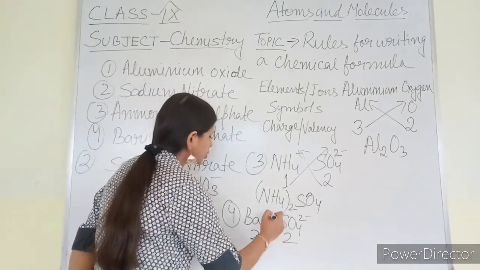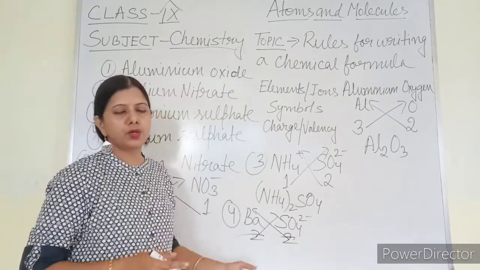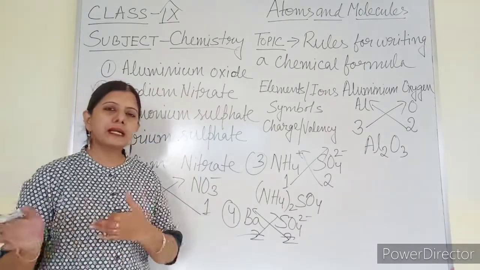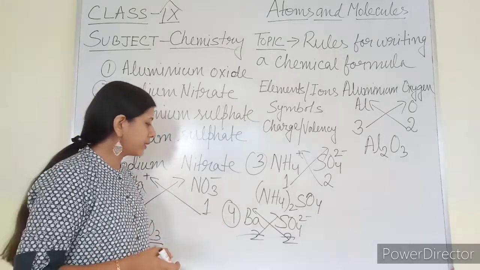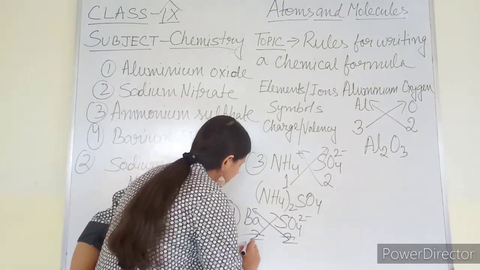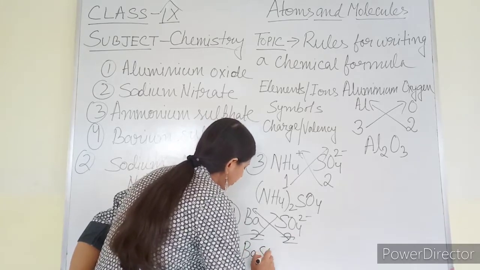Now I have to cross over. Valencies 2 and 2 can be cut, because if both are the same I can cut it. Even if they are multiples of some number, then also I can cut. So what am I going to get? 1 here and 1 here. So what is the formula? BaSO4. Barium sulfate means BaSO4.